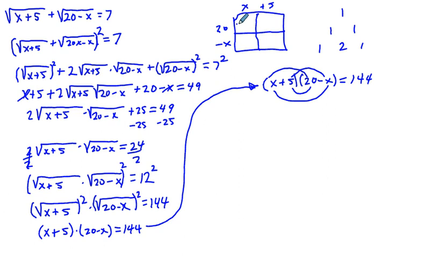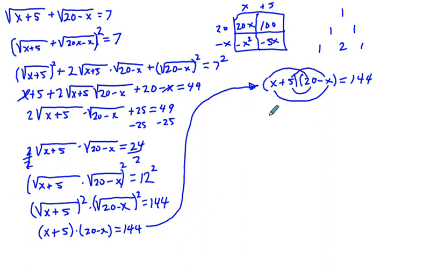So you get 20x, and then you have 5 times 20, which is 100. You have x times negative x, which is negative x squared, and you have 5 times negative x, which is negative 5x.